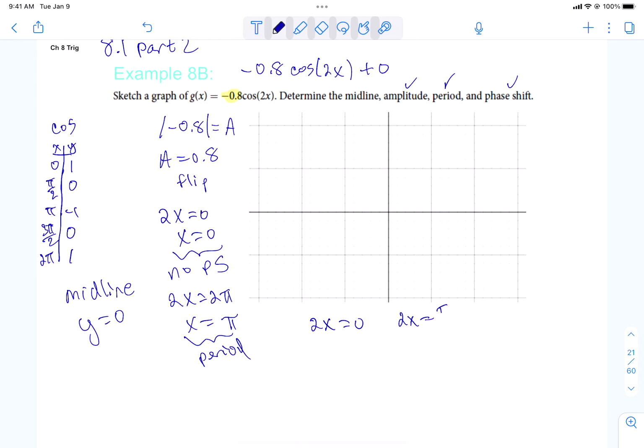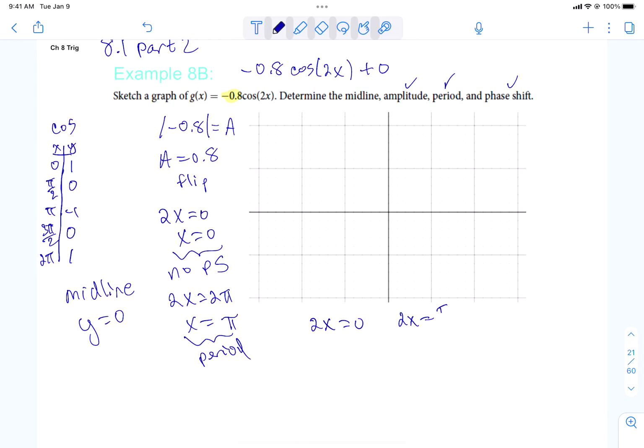Now we're ready to graph. Okay, so at 0, we are at negative 0.8. At pi over 4, we're at 0. At pi over 2, we're at 0.8. At 3 pi over 4, we're at 0. And at 1 whole pi, we're down at negative 0.8 again. So this is half of a bump, bump, half of a bump. A cosine usually becomes half bump, bump, half bump.